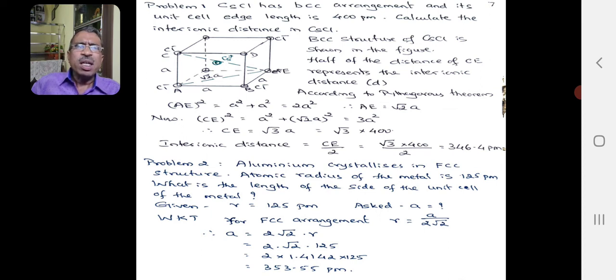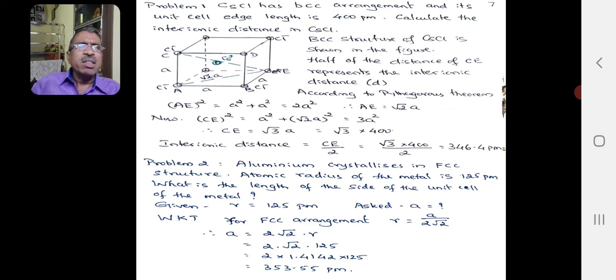Now, let us take the CE. The CE square is equal to a square plus root 2 into a whole square. This becomes 3a square. Therefore, CE is equal to root 3 into a. Now, the inter-ionic distance is nothing but CE upon 2, that is root 3 into a divided by 2.